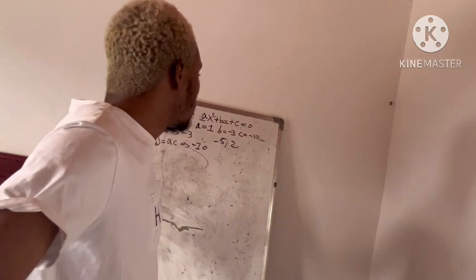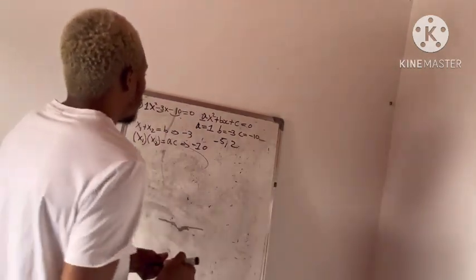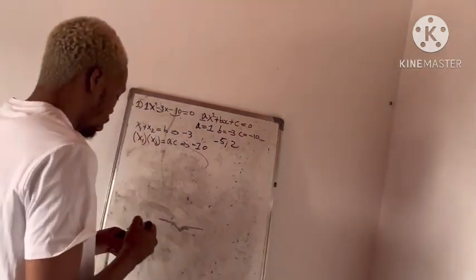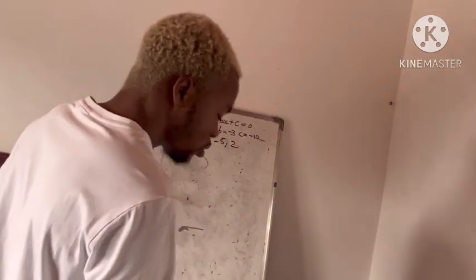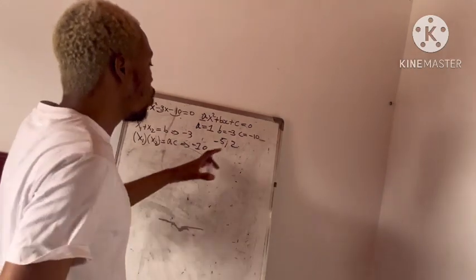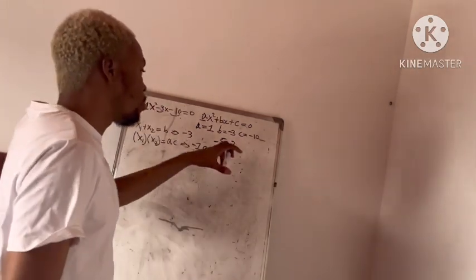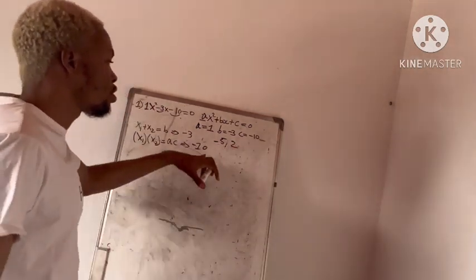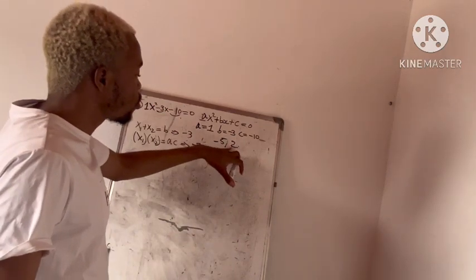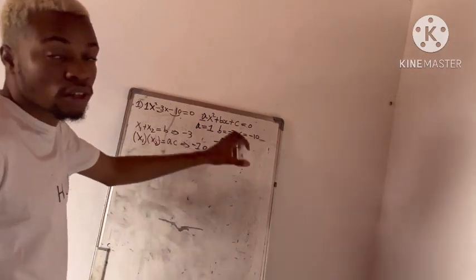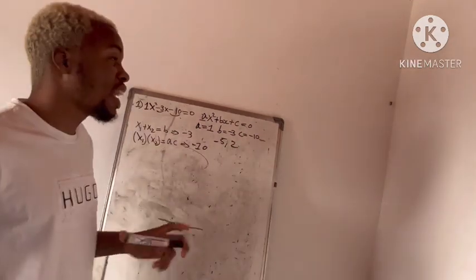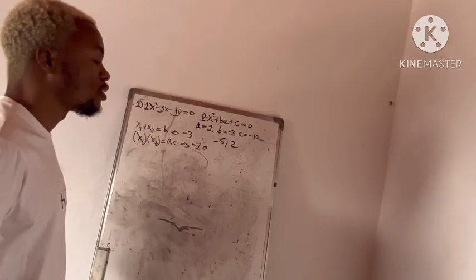So with that being said, let me cancel this out, since you already have a full understanding. I hope you understand this very well. Minus 5 times 2 gives you minus 10, and minus 5 plus 2 gives you minus 3. You can't say 5 and 2 because 5 times 2 gives you 10, which is not negative 10.